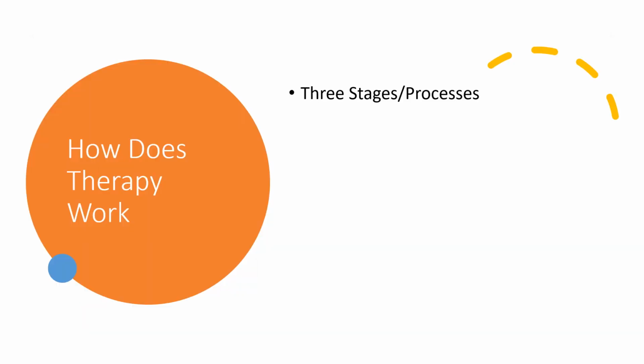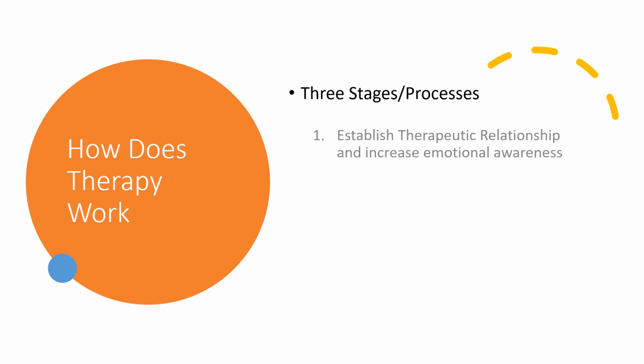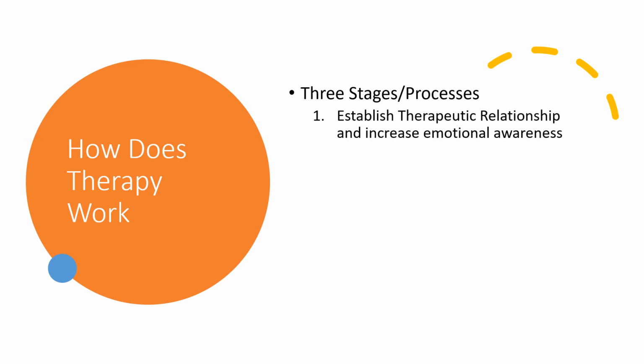So let's talk a little bit now about how therapy actually works. What does it actually look like? There are different writings and different ways of talking about this. I'm going to try and break it down in the way that I think is the easiest to digest for you at the moment, in a 3-stage process model for EFT. The first stage is not surprising if you've been paying attention this semester, which I know you all have been.